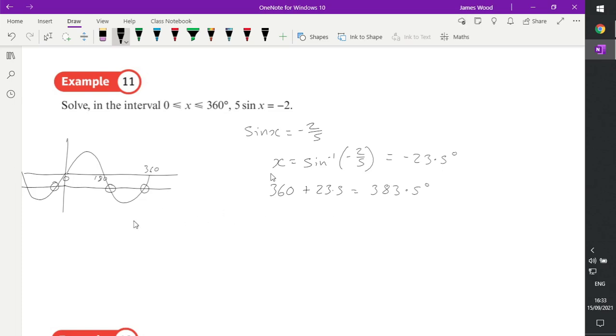Oh wait, sorry, plus minus 23.5. Let's just correct that. So I've got minus 23.5 because I'm adding on that number, which gives me 336.5 degrees. So that would be this answer in here.